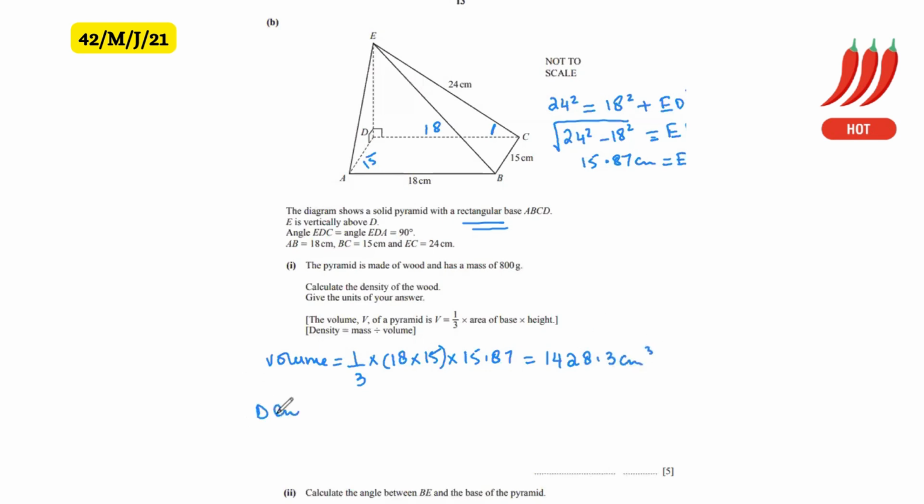So density is your mass over volume. Mass is 800 grams. Volume is 1428.3, which gives us 0.560 grams per centimeter cube. That is your answer.